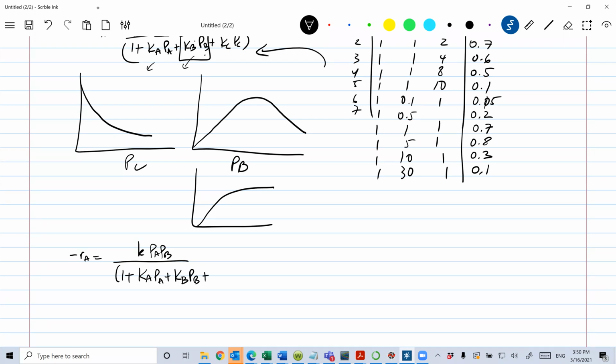Now, once again, we don't know what K_B, K_C, and K_A are, and that's why we need to linearize to do all the calculations. So let's say you have this, and then you also tell yourself, okay, maybe instead of that, it's this. Actually, maybe it's just ideal because B is not adsorbing. Maybe it's this instead.